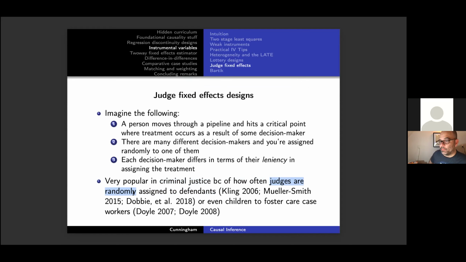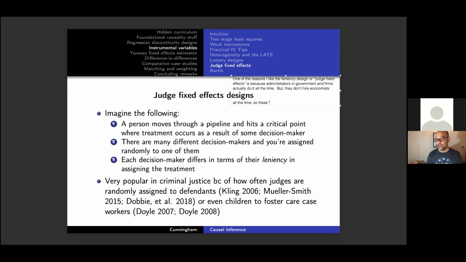So we'll even randomly assign foster care caseworkers to cases. One of the reasons I like the leniency design or judge fixed effects is because administrators in government and firms actually do it all the time, but they don't hire economists all the time.